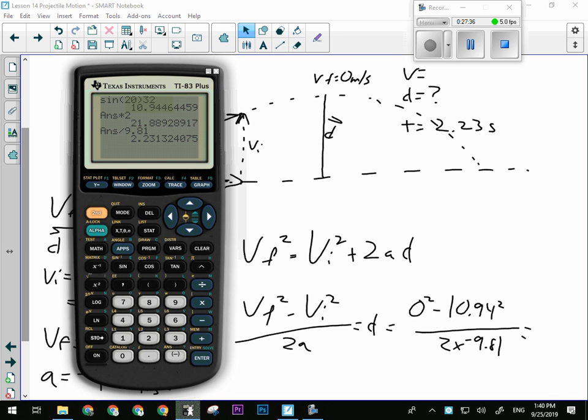So I'm going to take 10.94 squared, and divide that by 19.62. That's 2 times 9.81 in case you're wondering what I'm shortcutting there. Okay, so the General Lee reaches a maximum height of 6.1 meters.